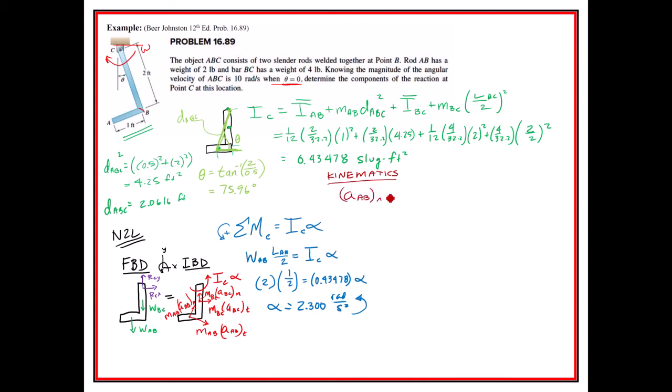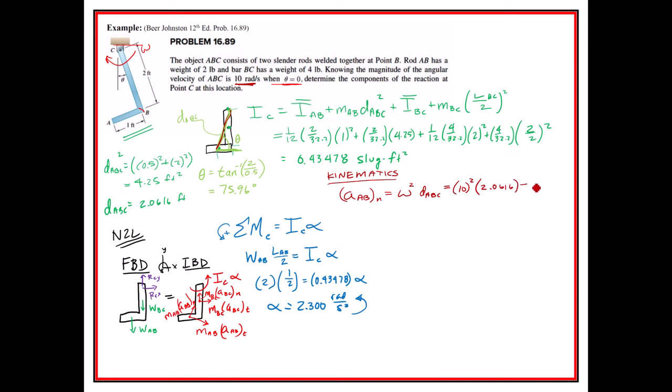and in the normal direction, all we need is to get the omega squared, and then the distance away. Remember, that's going to be this distance, DABC, right? So if you plug those in there, we're given that omega is 10 radians per second. So squared, times 2.0616.